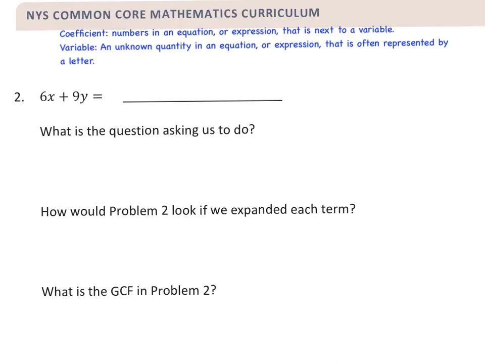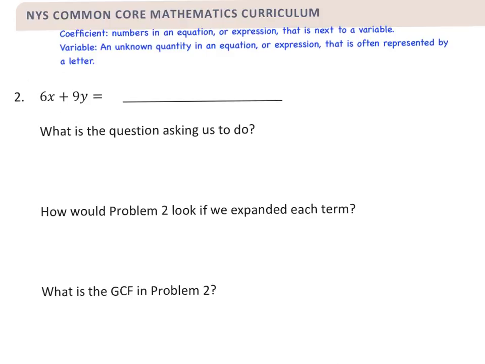So the 6 because it's by 6x and the 9 because it's by 9y. The 6 and the 9 are the coefficients. Now a variable is the unknown quantity in the equation or expression, and that's often represented by a letter. So x and y are variables. Having that said, we want to simplify this and write it using the distributive property.